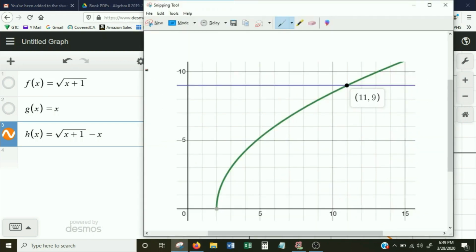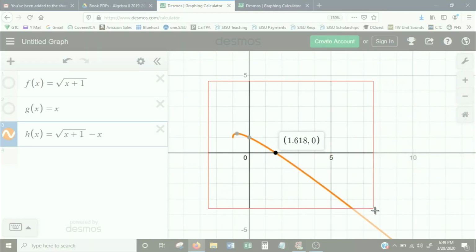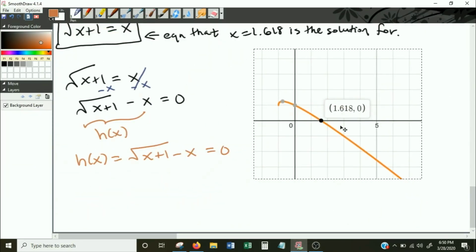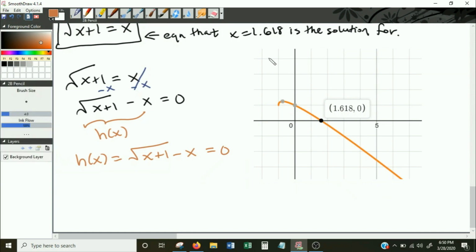So I'm going to take that picture and paste it into the document, because it shows that h of x is equal to 0 when x equals 1.618. And this is h of x. So if you wanted to find what function has a solution at x equals 1.618, the answer would be this h of x, which is this.